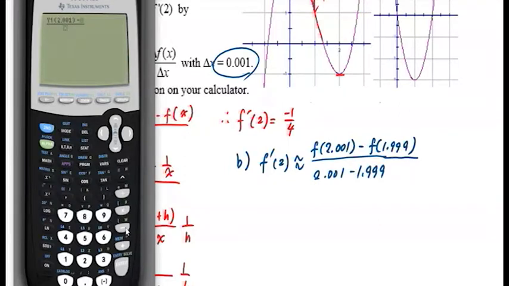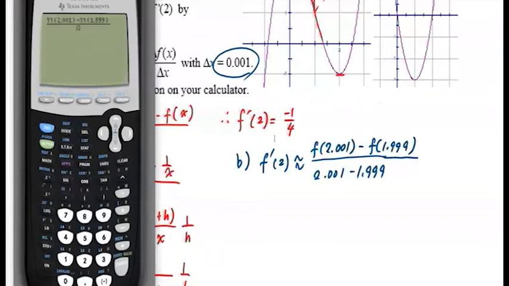Minus, not negative sign, minus, and then we do y1 again, alpha trace, that's where y1 is, open parenthesis 1.999 close parenthesis. You with me so far?